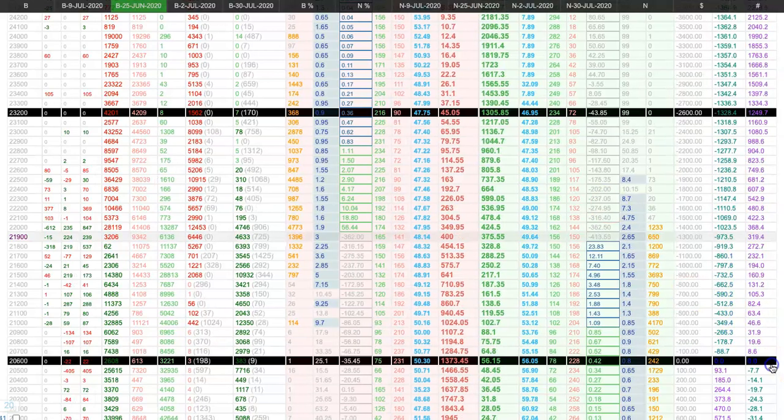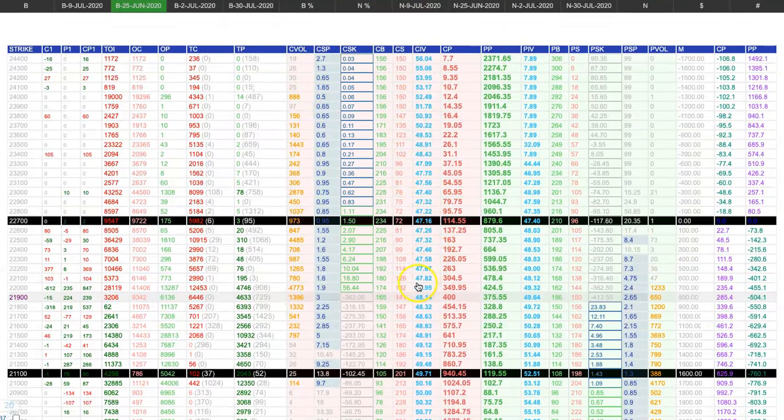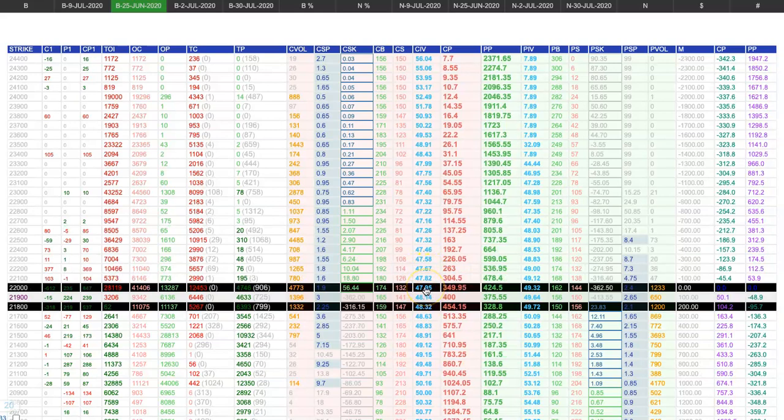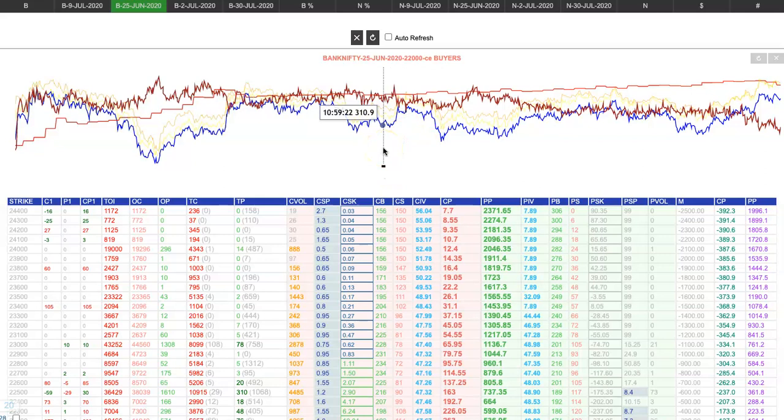Now let us look at the OI chart. To see the OI chart, you can click on any of these IVs. For example, for 22,000 CE, click this IV and it will open like this. This red color is the open interest of this 22,000 call option, and this brown line is the IV.